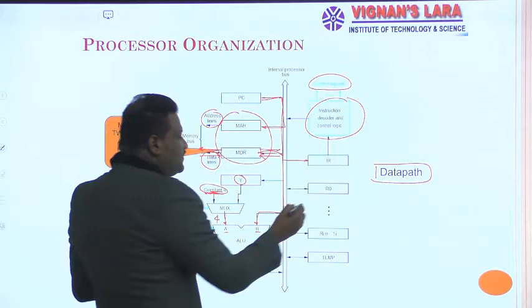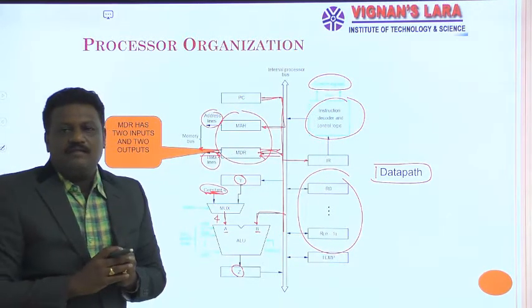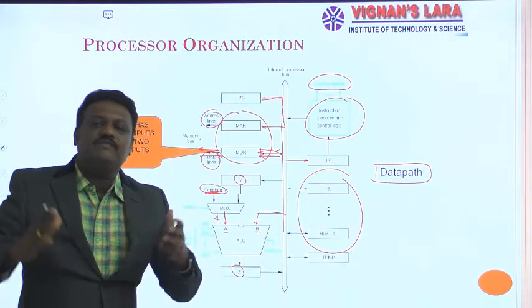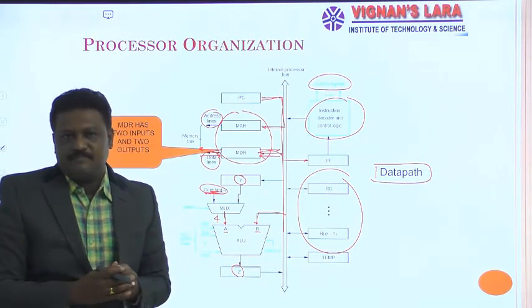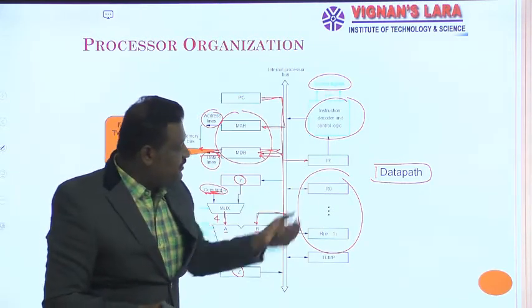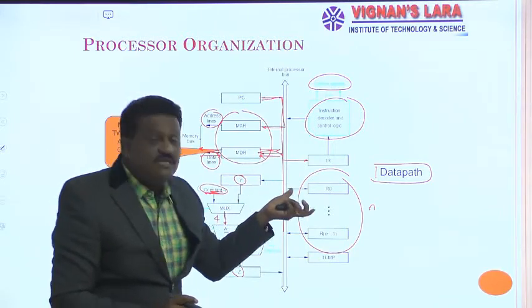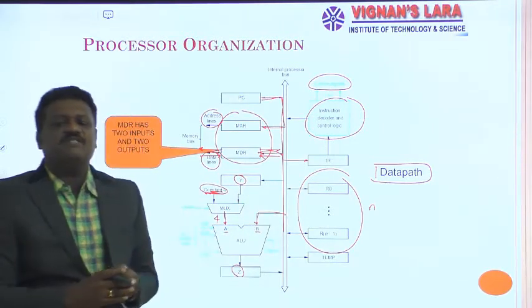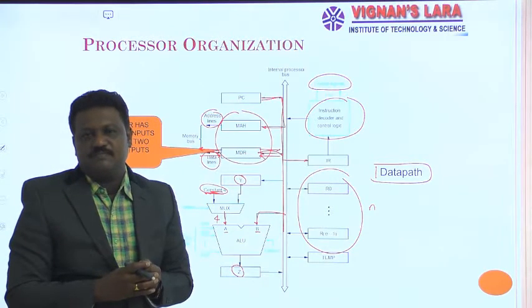And here is a set of registers, R0 to Rn-1. These are registers I can call either GPRs or SFRs. That means these are a group of registers. Here I have a total of n registers, and these registers are either general purpose registers or special function registers.